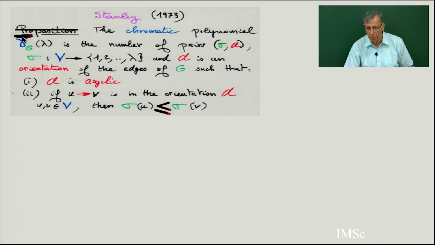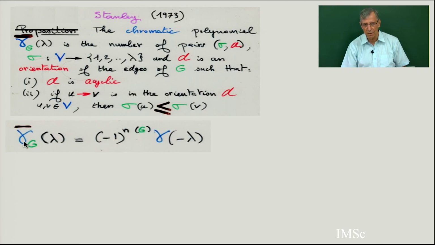He defined a new polynomial, gamma with a bar, which has exactly the same condition as the chromatic polynomial, but instead of having the strict inequality, you have that it may be equal. And then there are a few pages in this paper to show that this new polynomial in lambda is in fact the value of the old one at minus lambda, up to the sign.